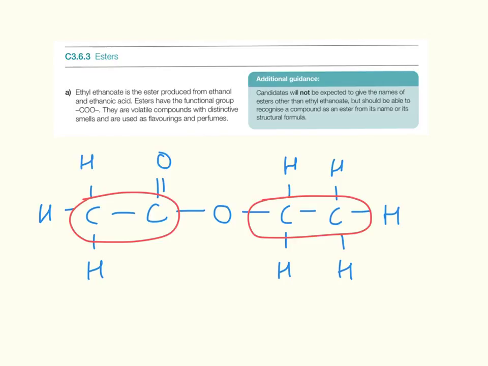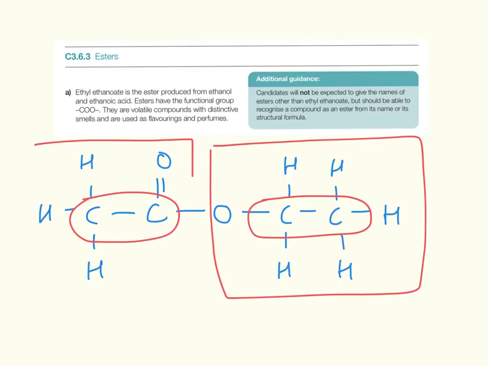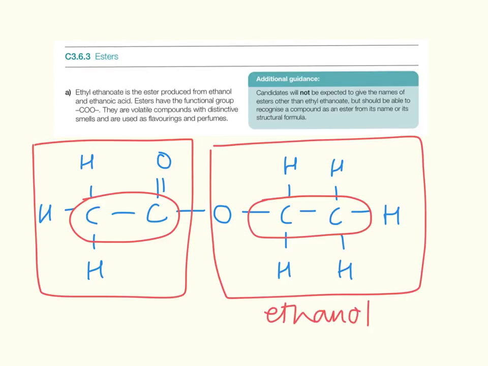And this part here has come from the alcohol, and this part here has come from the carboxylic acid. So this has been made up of ethanol and ethanoic acid, and it is called ethyl ethanoate.